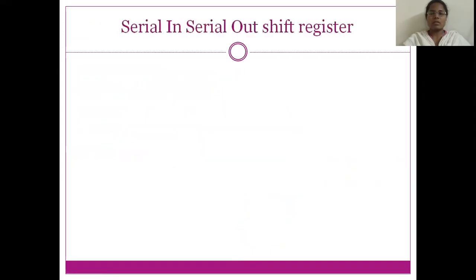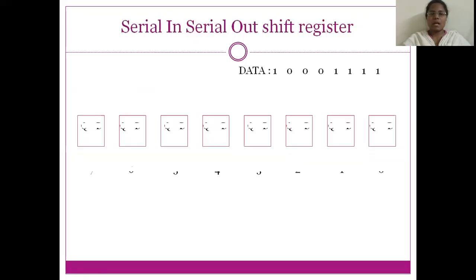We'll go with the serial in serial out shift register. For example, I'm taking 8-bit data, 10001111. So I have flip-flops 0 to 7, as it is 8-bit data. For the first clock cycle, the first data bit will be stored in the first flip-flop. For the next clock cycle, the second data bit will be stored in the first flip-flop and the previous one will be transferred to the next flip-flop.